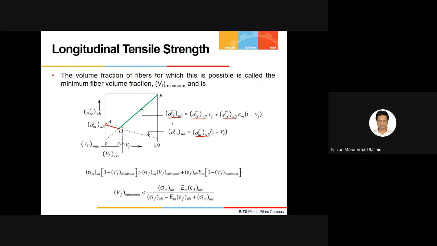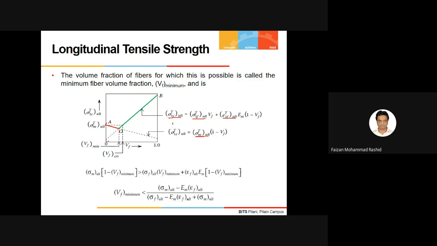Now you see here, there are a few very important things. If you see this point, what it is telling you is that the strength of your matrix and the strength of your composite as a whole are the same here. This means up to this volume fraction, the strength of your matrix and the strength of your composite is the same. But what happened before this one?